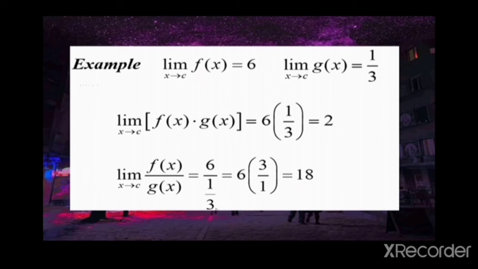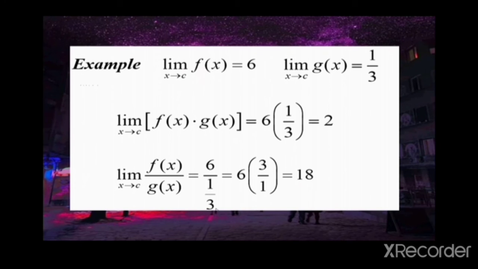How about the quotient of the two functions? We have the limit of f of x over g of x as x approaches c equals the quotient of the limit of the individual function. So we have 6 over 1/3. Now, since our denominator is a fraction, we multiply our numerator to the reciprocal of the denominator.